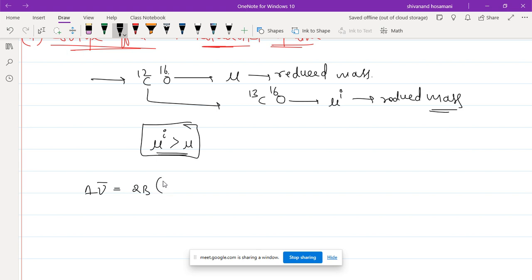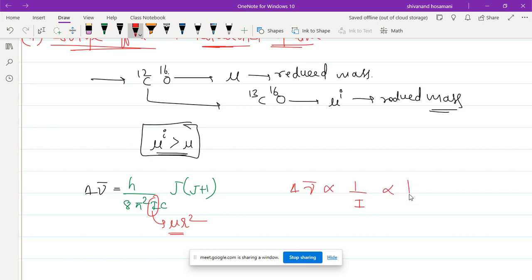We know that B is h divided by 8 pi square I c. The quantity that depends on mass is the moment of inertia, because I can be written as mu r square. So delta nu bar is inversely proportional to the moment of inertia, and the moment of inertia is directly proportional to mu.